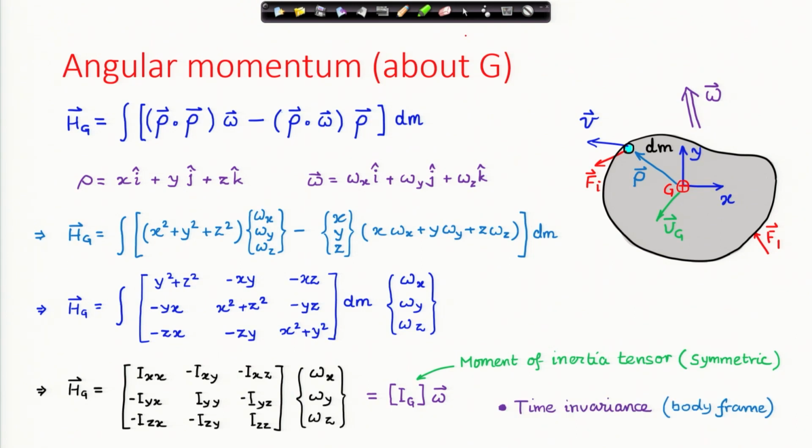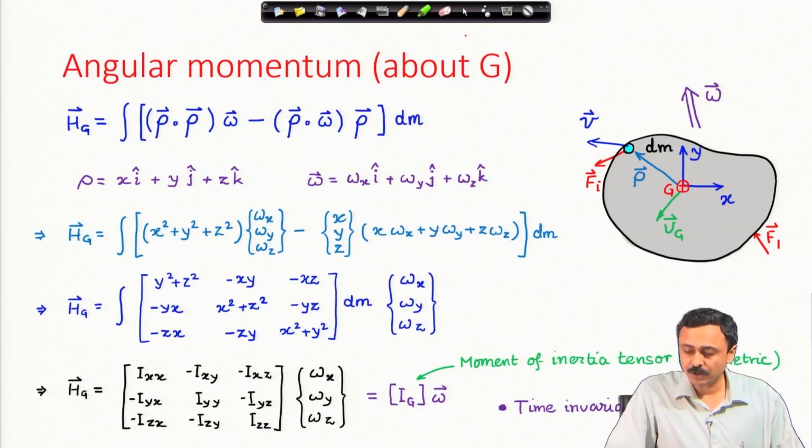If I can fix this frame to the body, then I also have time invariance of this tensor, of this matrix. That means these terms I x x, I x y, etc., will be constants if I fix the frame to the body. That simplifies calculations very much, as we will see. Therefore, from now on we will assume that this frame is fixed to the body.